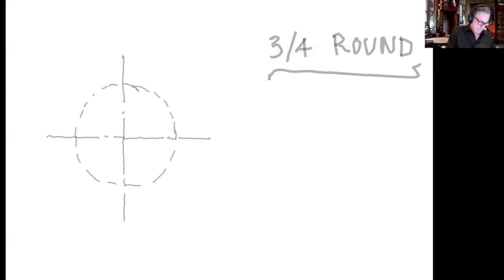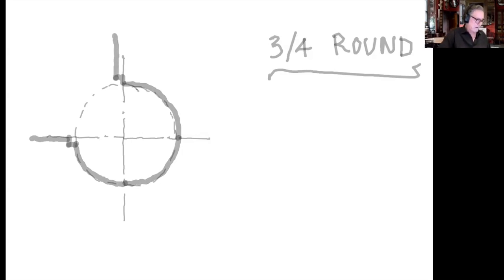So we might have a little fillet here, for example, and then we go 3/4 of the way around. 1, 2, 3. And then we might have another fillet, for example. That's our 3/4 round.